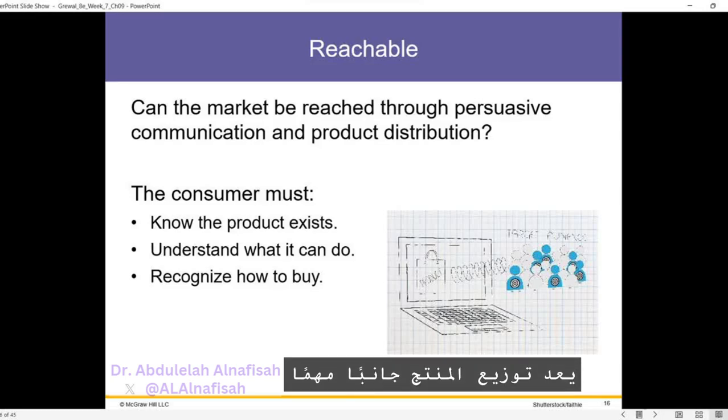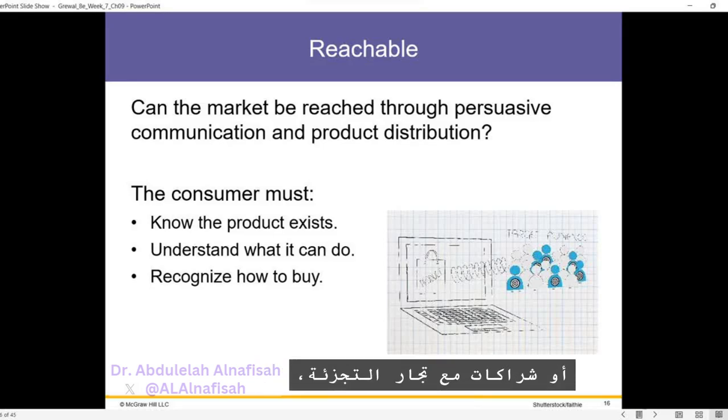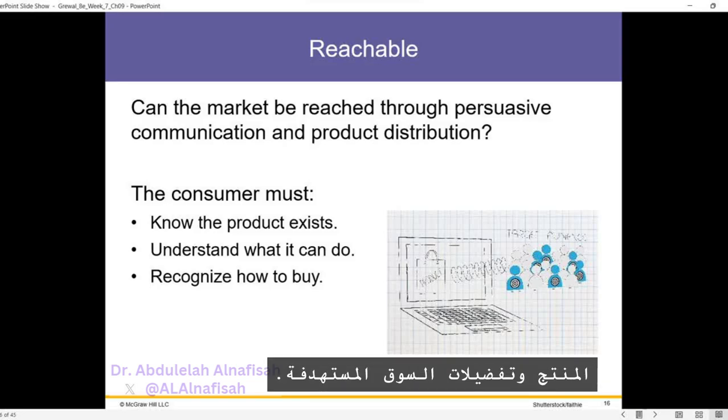It may involve advertising, public relations, digital marketing, social media, or other forms of communication that resonate with the target market. Product distribution is another crucial aspect of reachability. The product or service needs to be available to customers in a convenient and accessible manner. This may involve establishing distribution networks, partnerships with retailers, e-commerce platforms, or direct sales channels, depending on the nature of the product and the preferences of the target market.